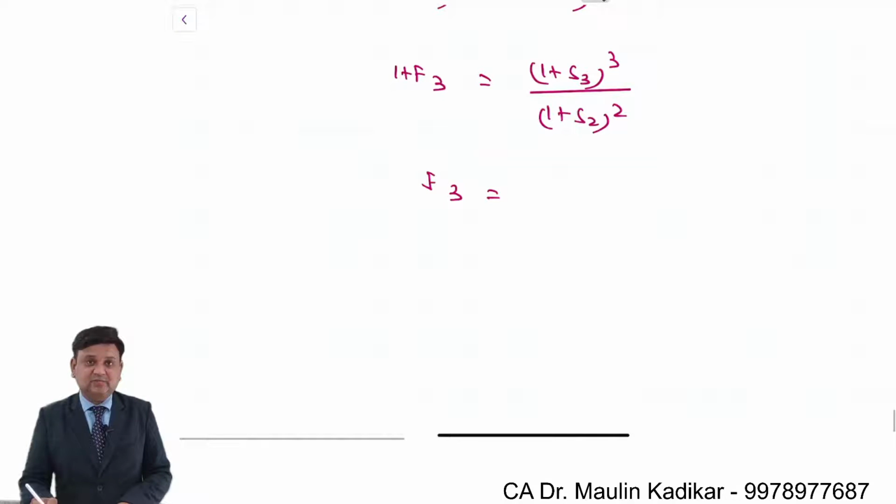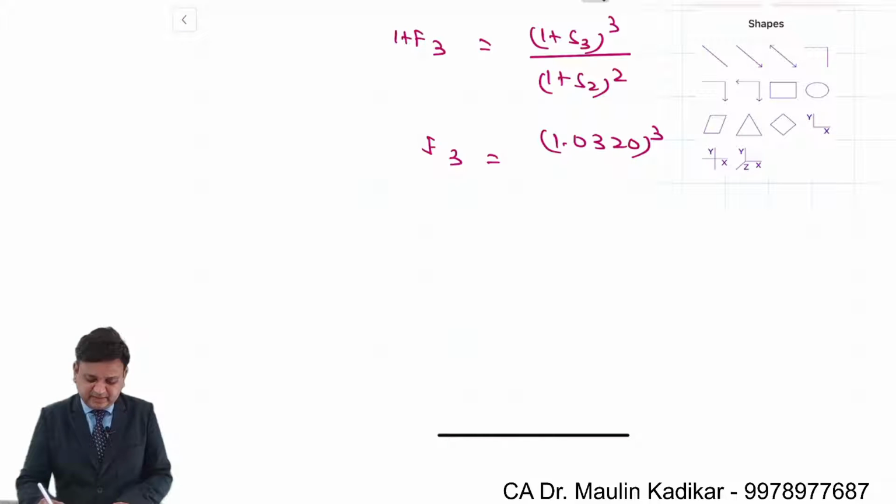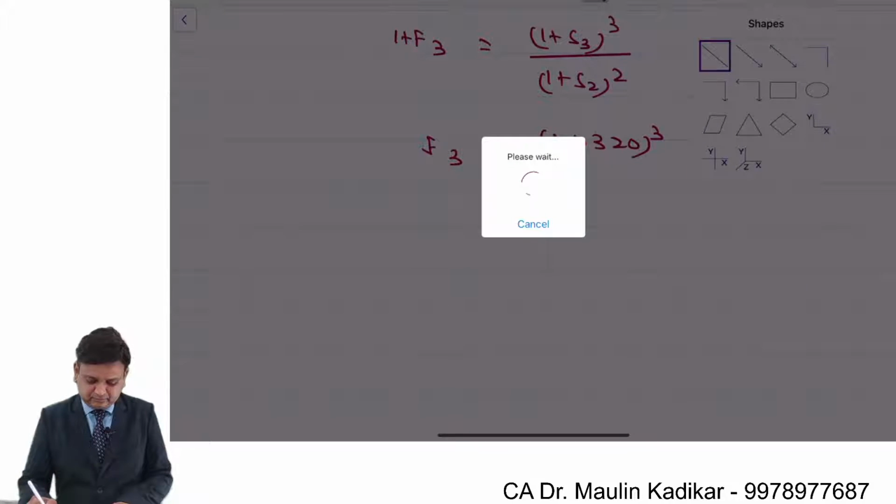So F3 is equal to, spot rate for the third year is 3.20%, so 1.032 raised to 3 divided by, spot rate for the second year is 3%, so divided by 1.03 raised to 2.